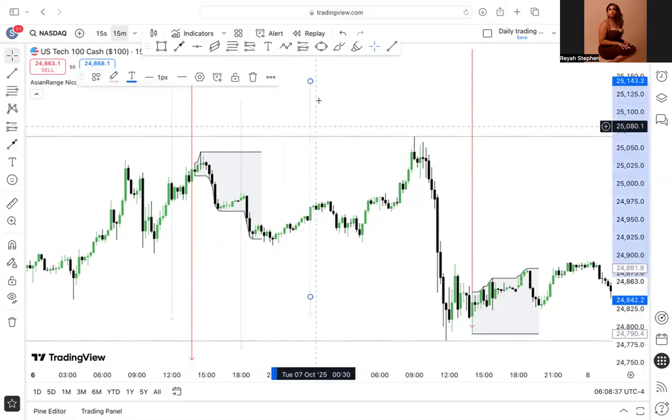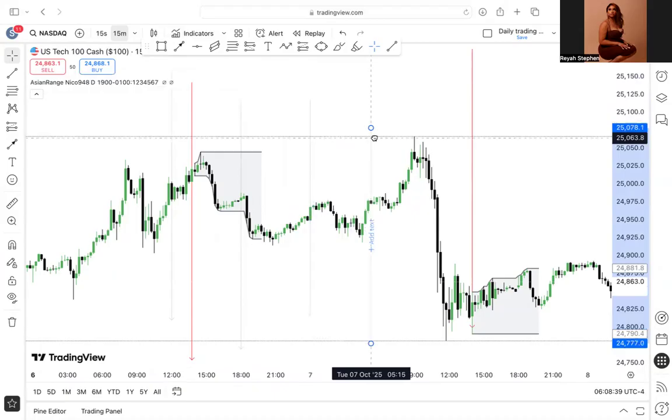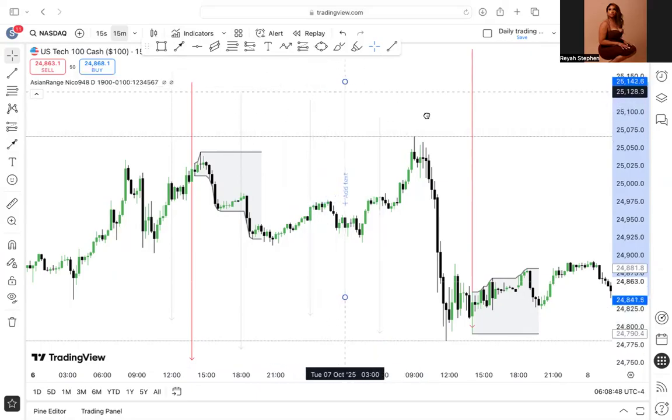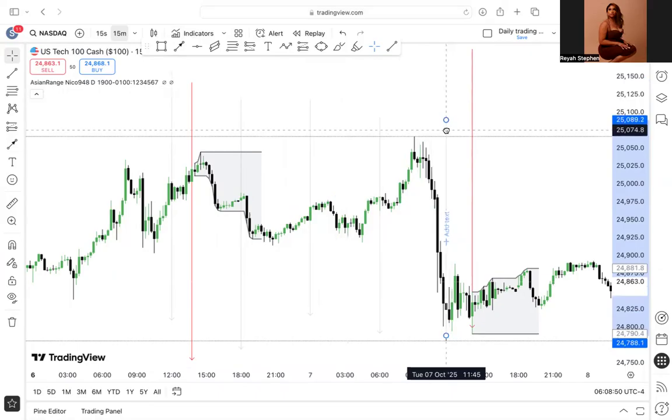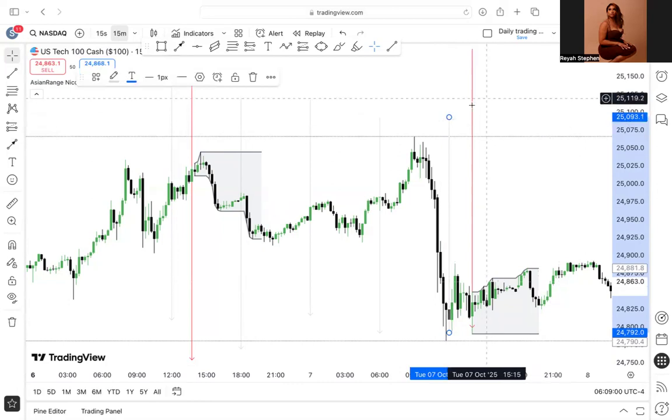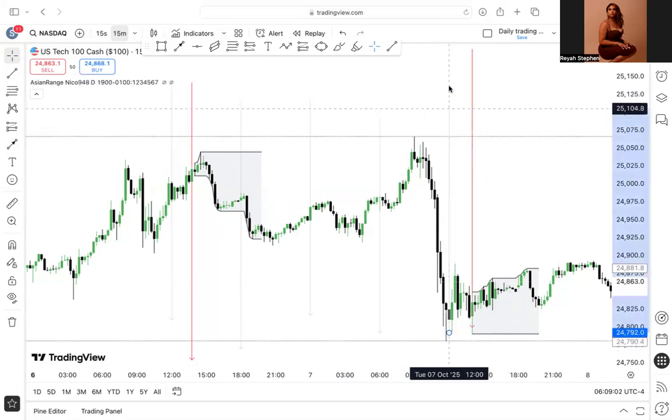Next 6 hours is going to be at 6. And then the final 6 hours is going to be at 12. Cool. So, right, there's your quarters.